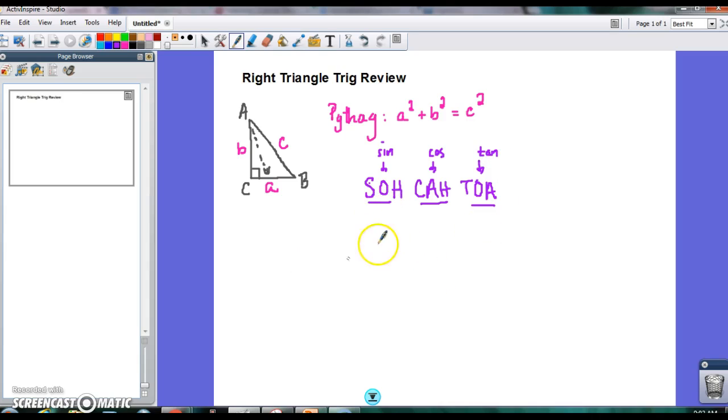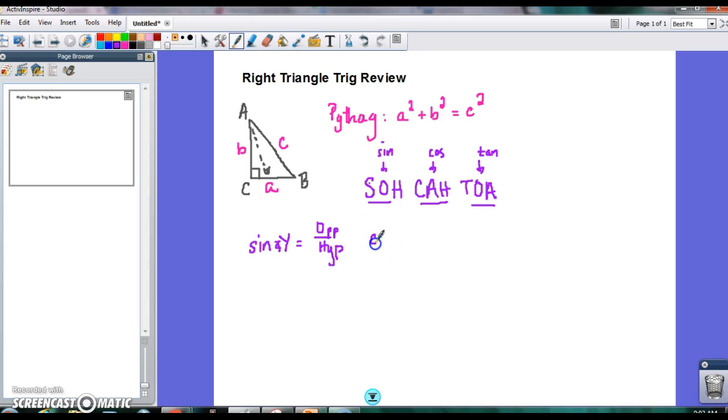Sine says that I can take the sine of an angle, and it doesn't matter what the angle is. The sine of angle y is the ratio of the side opposite the angle over the hypotenuse of the triangle.